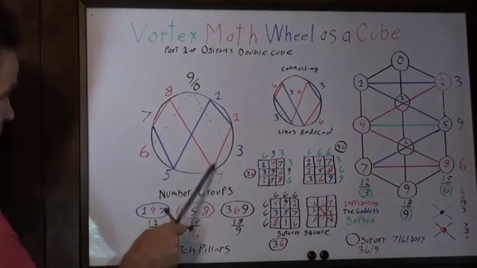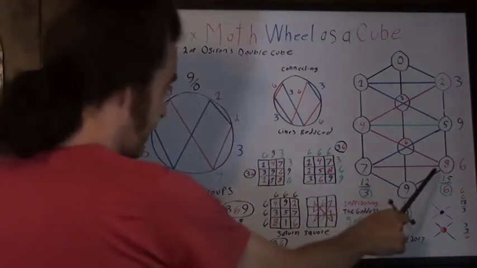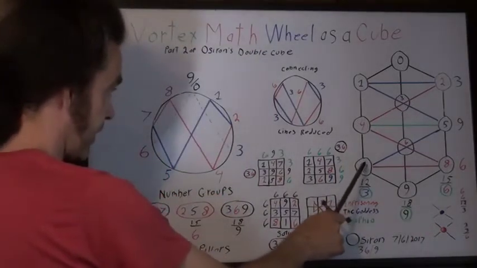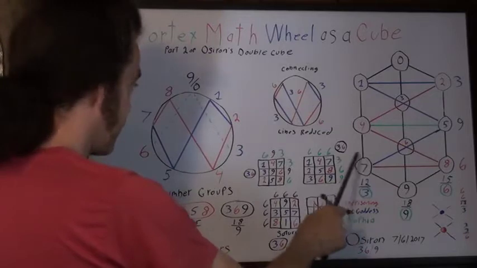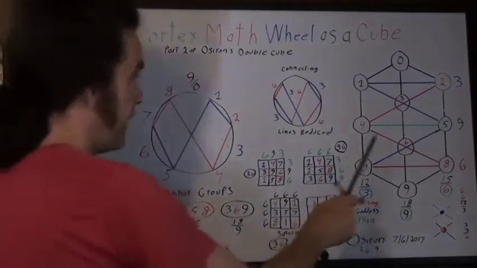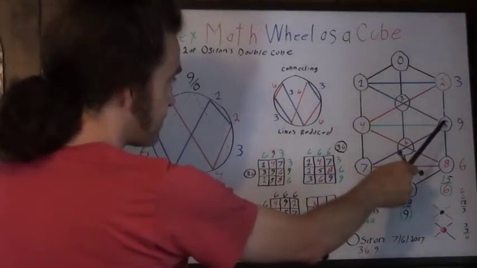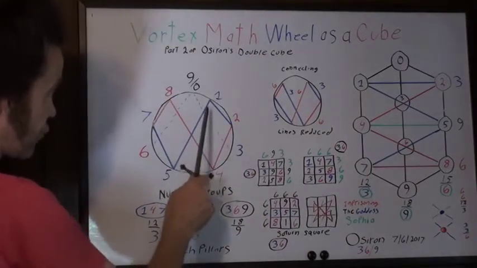Here, 4 to 8 crosses 6, and it's a red line. Right? And then 8 to 7 doesn't do anything, crosses the middle. But then 7 to 5 crosses 6, and here 7 to 5 is a blue line that crosses 6. In the next line, 5 to 1 crosses 3, and 5 to 1 again crosses 3.